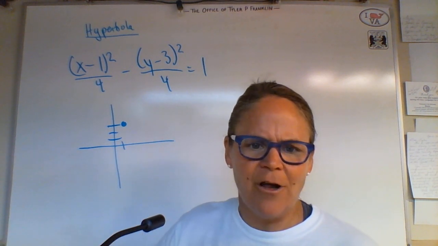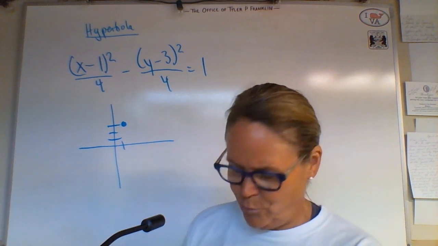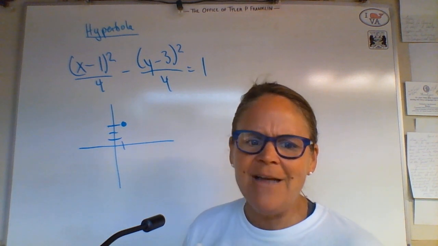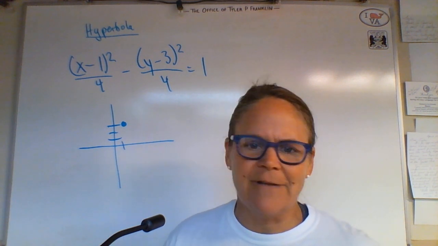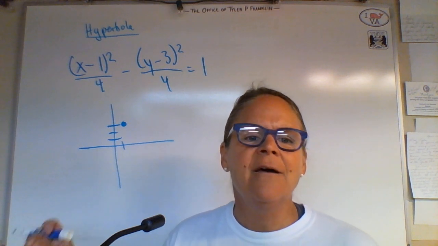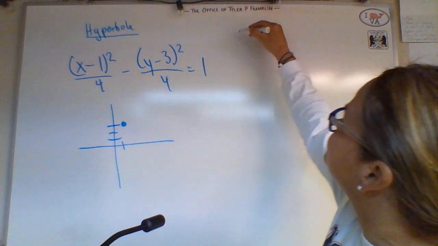Okay, that's the center. That's where your asymptotes are going to go through. Now, I forgot to talk about the asymptotes. To find your asymptotes, I do it from the center. If you look in Khan Academy, it's probably not going to be this way.